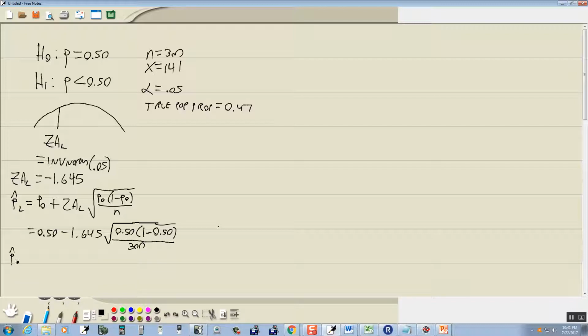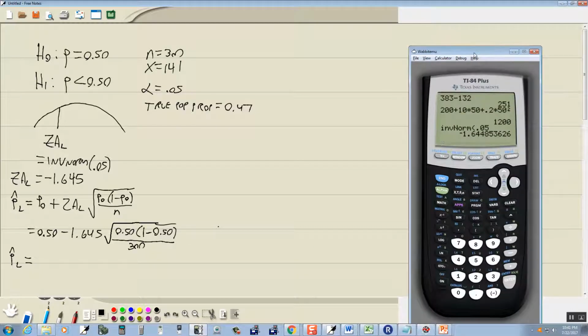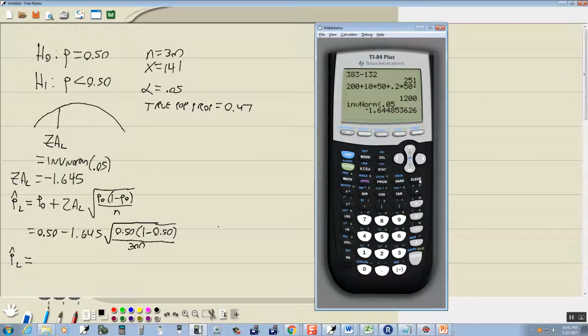So P hat sub L is going to equal 0.5 minus 1.645 times square root, so second x squared, 0.5 times 1 minus 0.5, which is 0.5, divided by 300.